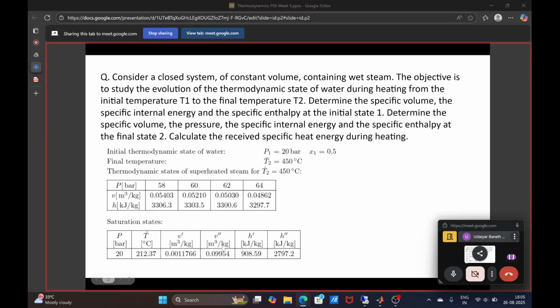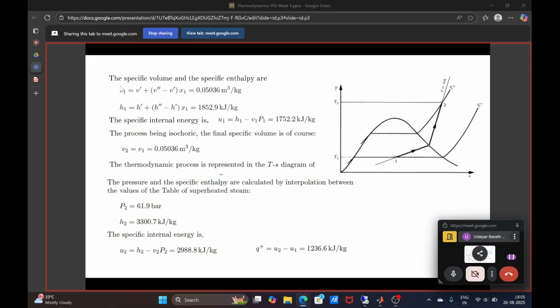V dash is the saturated liquid, 0.0011766, that's the specific volume of liquid, and V double dash is the saturated vapor, 0.09995. So V1 lies between these two. Similarly, H1 comes out to be 1852.9, and U1 is H minus PV. Substituting that, we find the internal energy, which is 1752.2 kilojoule per kg.